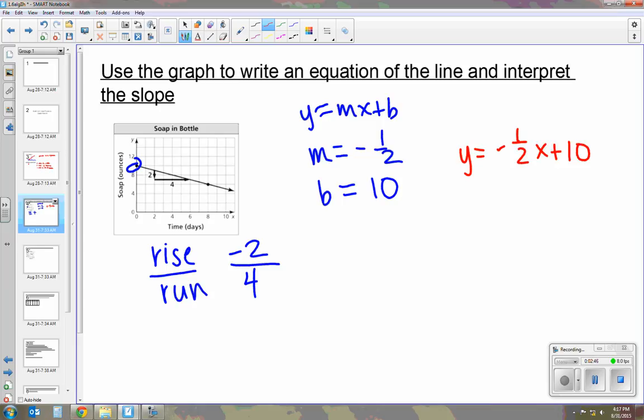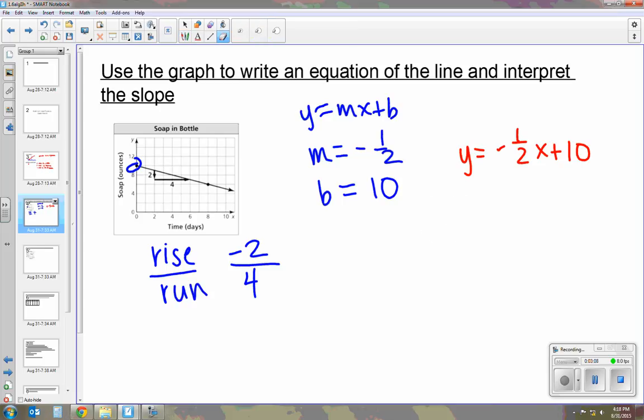And if we interpret the slope, we have to think about what we're talking about here. Okay, well, this is a soap in a bottle, and the independent value is your time in days, and the dependent value is the soap in ounces. Well, if we look at the slope, we're talking about the amount of soap.